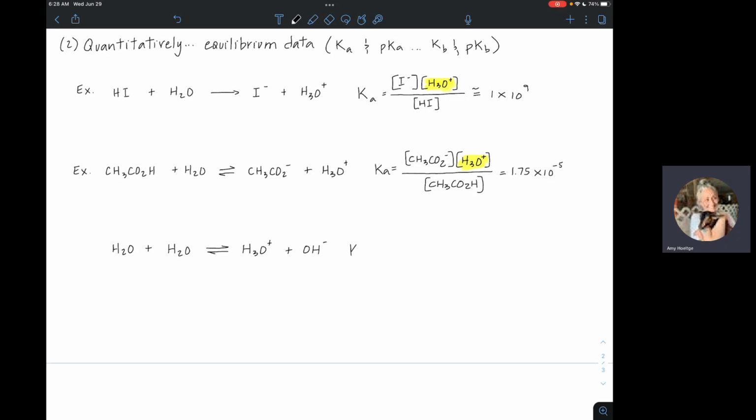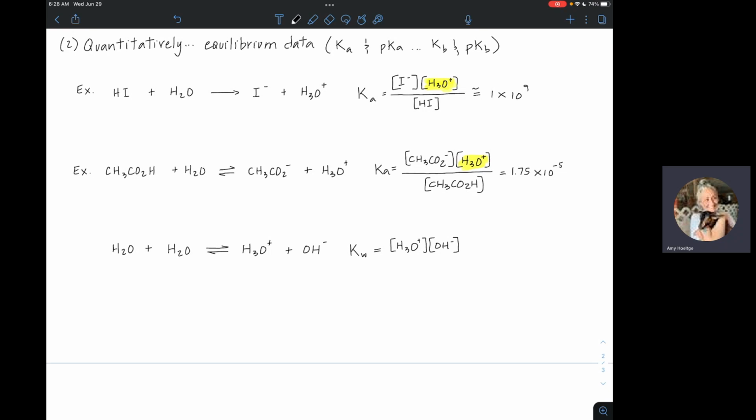The equilibrium constant for this particular reaction is going to be called a Kw, because we're just talking about the autoionization of water. The expression is the same, products over reactants, but the reactants are liquid. Concentration is constant. So the expression just looks like this. This is essentially over 1, right?